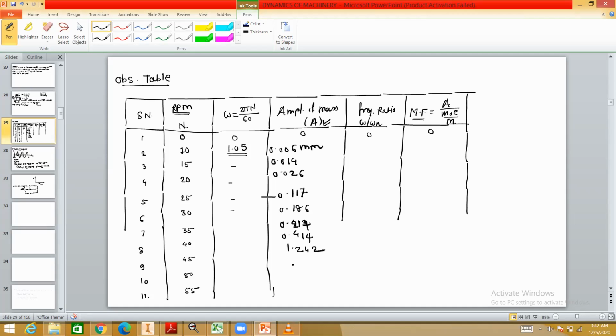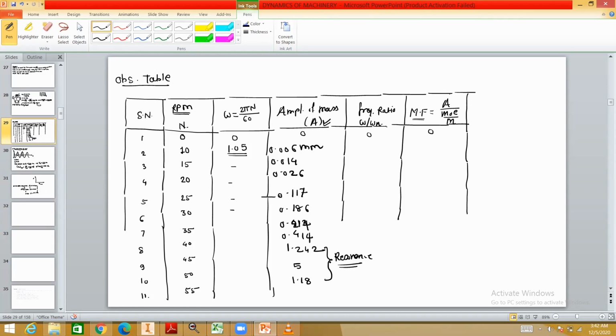Then for 50, the value is 5 mm. For 55, this is 1.18. This region is called the natural frequency region, or we can call it resonance.